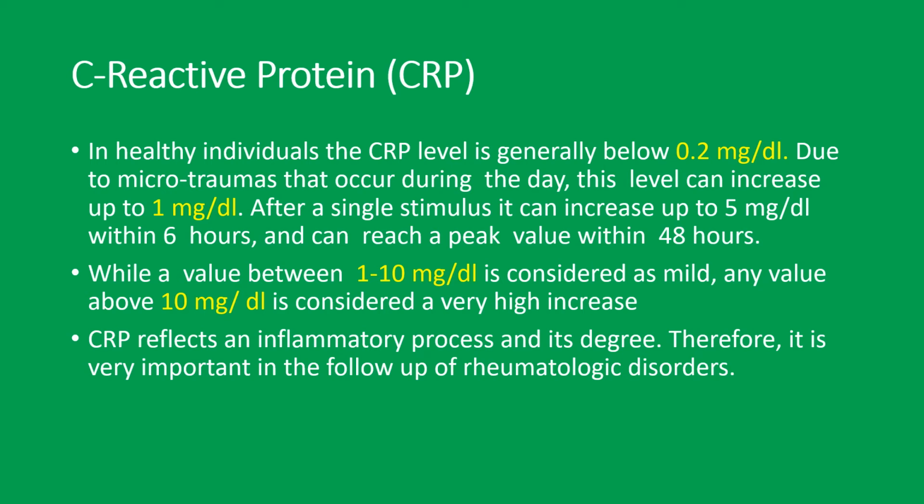So a value between 1 to 10 mg per dl is considered mild inflammation, while any value above 10 mg per dl is considered a very high increase. CRP reflects an inflammatory process in its degree. Therefore, it is also very important in the follow-up of some rheumatologic disorders.